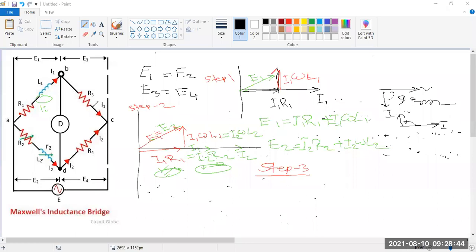Only the I1 current is flowing, because here I1 current is flowing through this R3. So taking this R3, I3 and E3, because this is in phase, E3 means I3 into R3. This is the IR drop, so this is the phasor diagram for this branch.